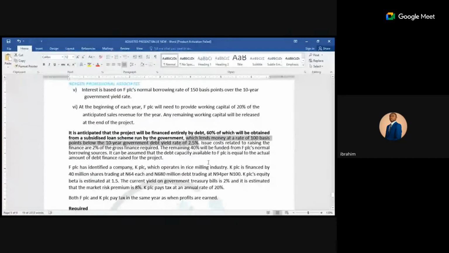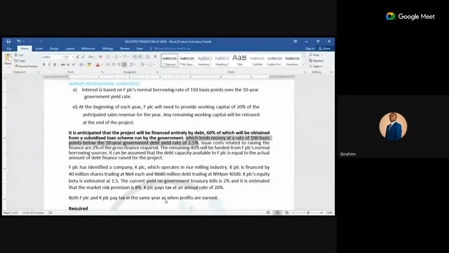Now, you should not forget, 60%, they said everything is financed entirely by debt too, but government will subsidize 60%. The remaining 40% will be financed by what, class? Commercial.